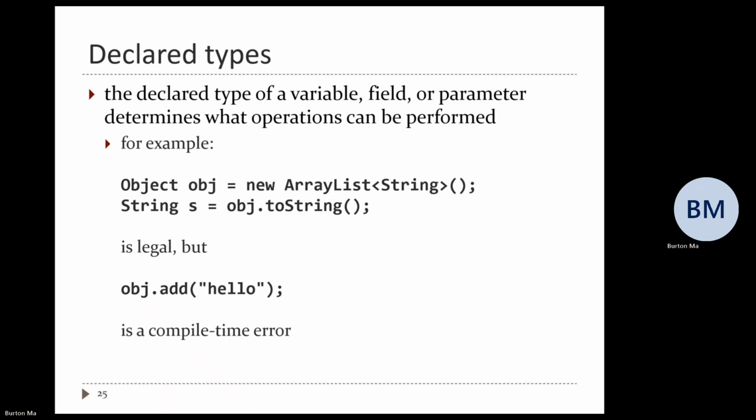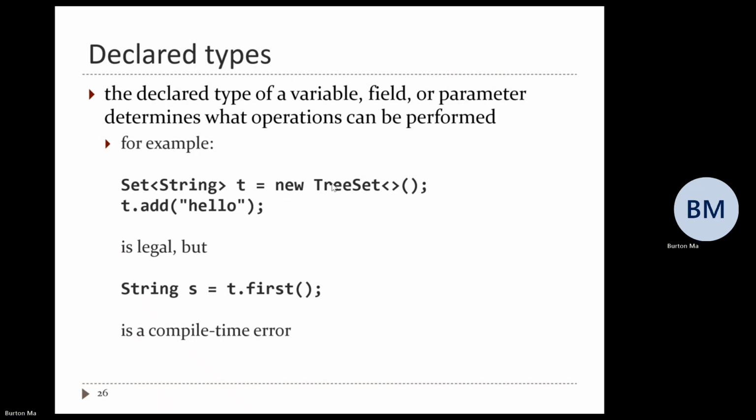The error you'll get says that add is not a method in Object. That's because the compiler is using the declared type of obj to determine what is legal to do with obj. Add is not a method in the declared type, therefore it won't let you call that method, even though the object that's actually stored there is an ArrayList.